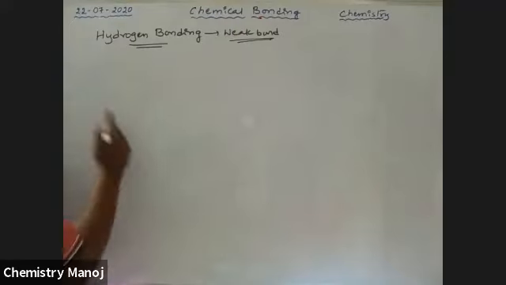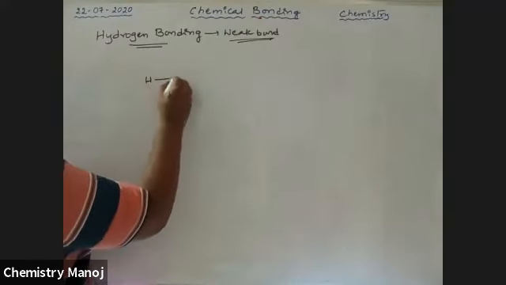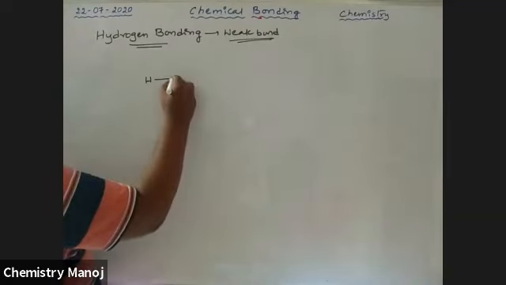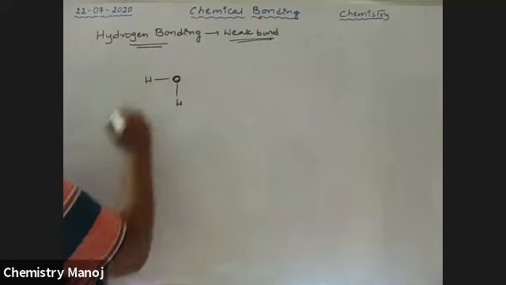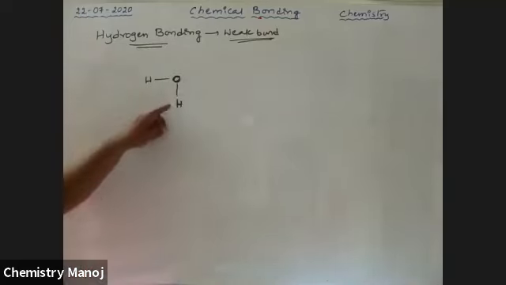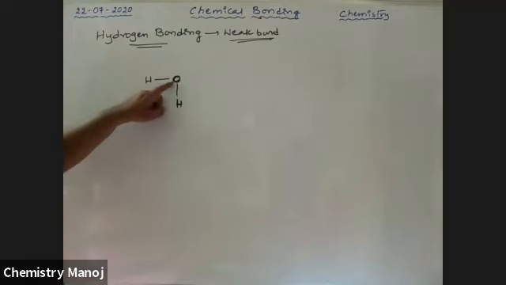There is an H2O molecule. It has oxygen bonded, boys, which has high electronegativity. So this is a hydrogen atom connected with a highly electronegative element. This also is a hydrogen atom bonded with a highly electronegative element.